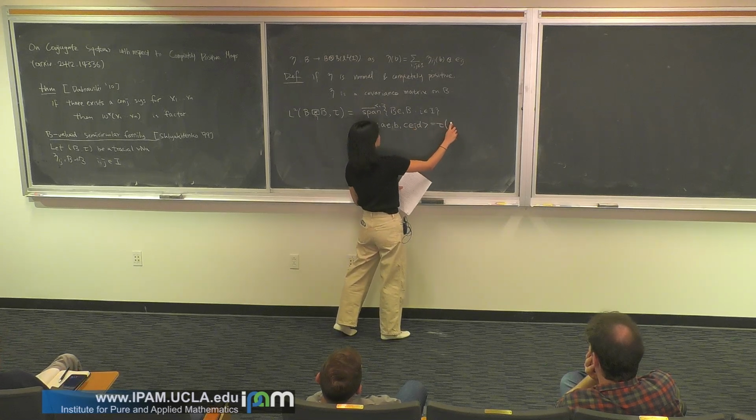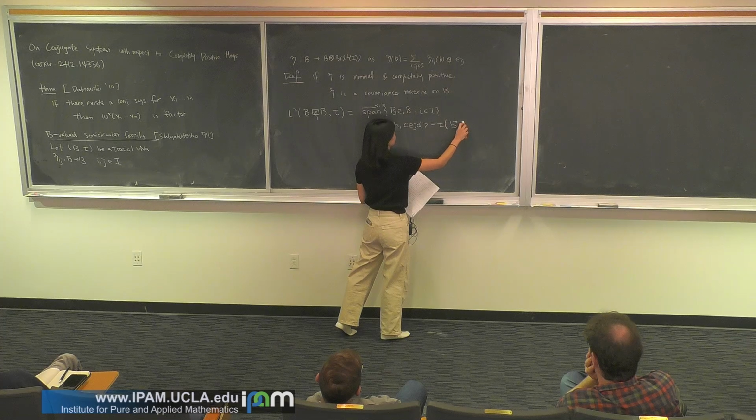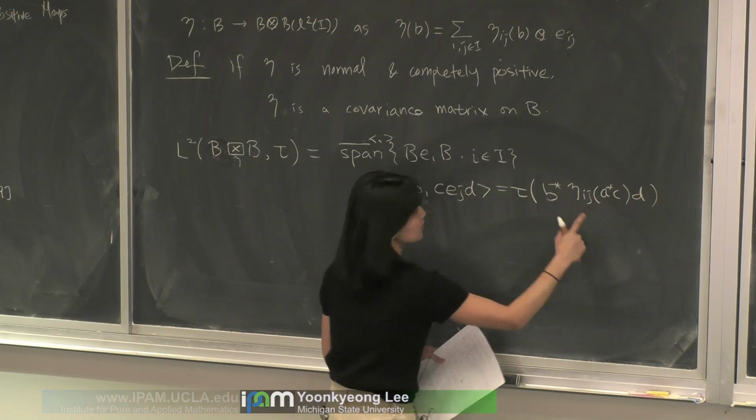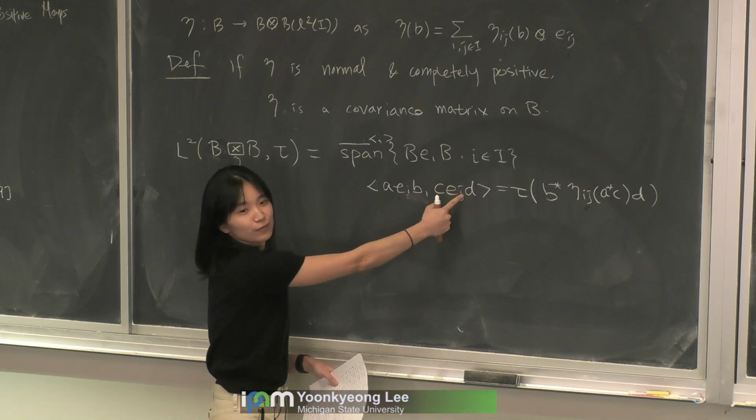Then this inner product is B star, eta ij, A star C. This is what I meant by the information of eta.